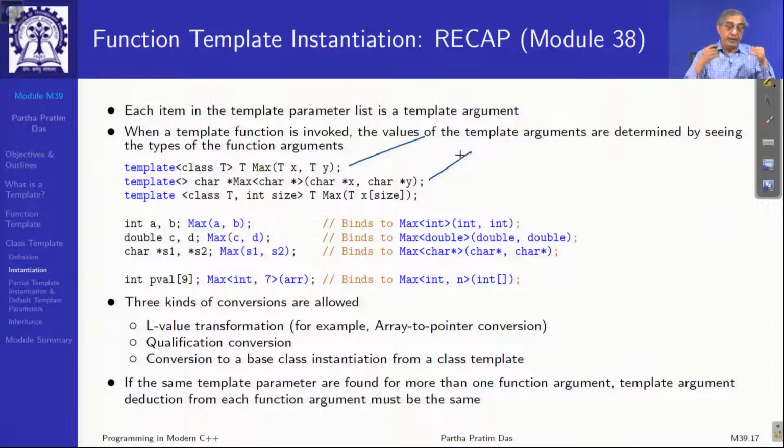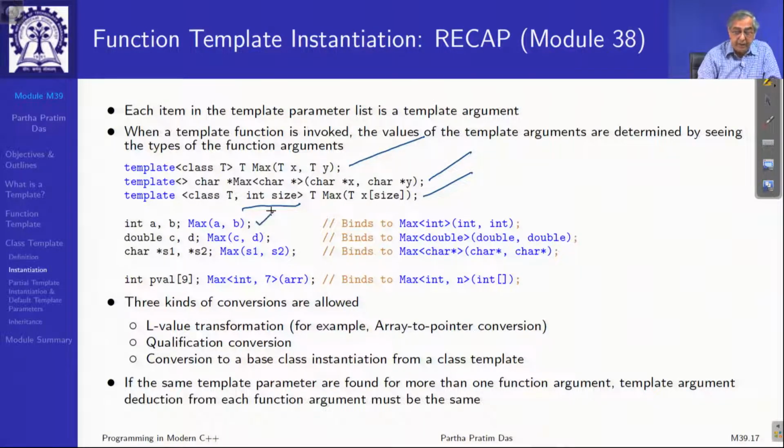If the function is called with 2 char star parameters, a different definition will be used. And then we have one which takes an array and the size of the array, which is a special type of template parameter, which is not a type, but an integral value which you can also specify for a template. We have seen all these.